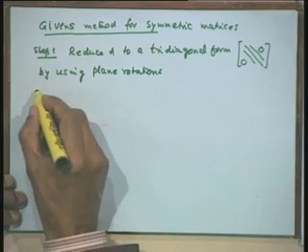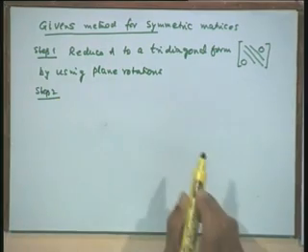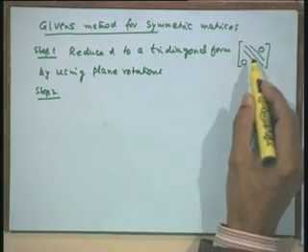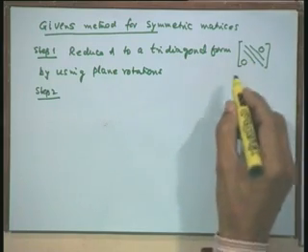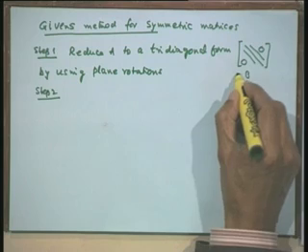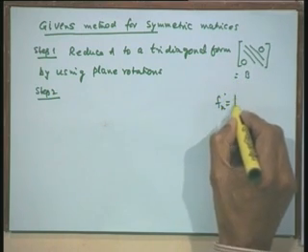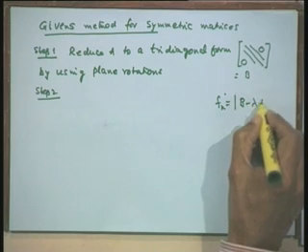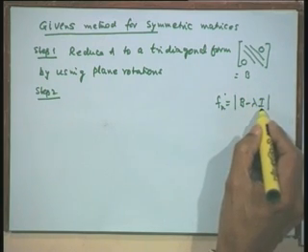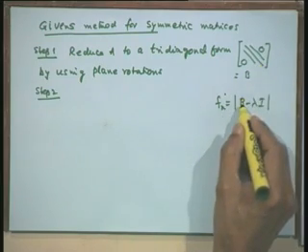Then in step 2, we will form the Sturm sequence for finding the characteristic equation of this matrix. If I call the new matrix B, I will find the characteristic equation of this matrix as B minus lambda I and denote it by f suffix n, for the order of the matrix n. So, this is the characteristic equation of the matrix B.